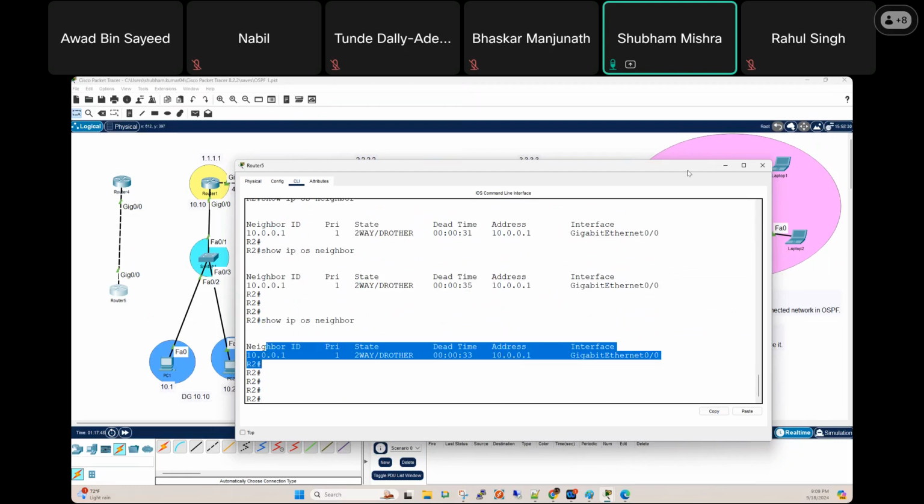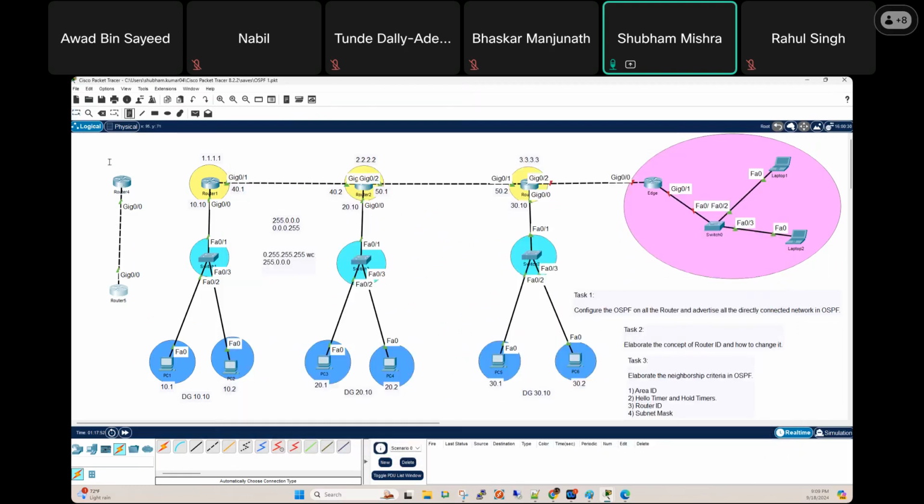It means what is the result? On this router, what did I configure? OSPF 100, and here I configure OSPF 200, but still neighborship is up.